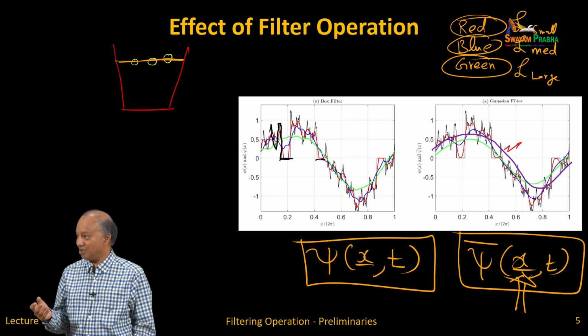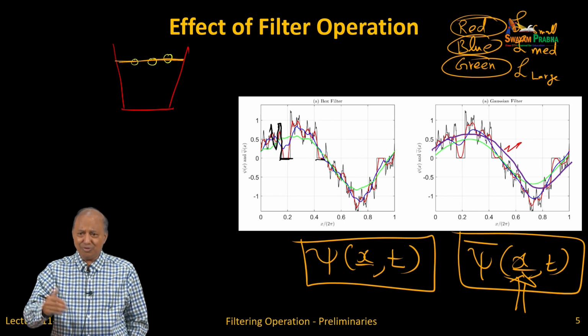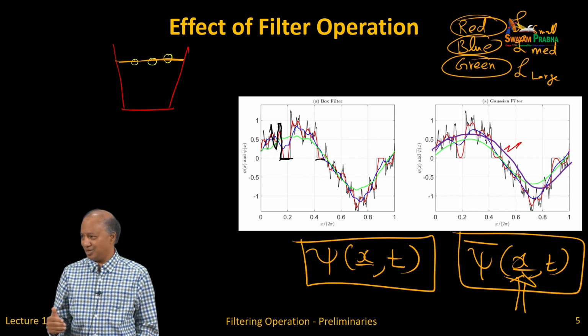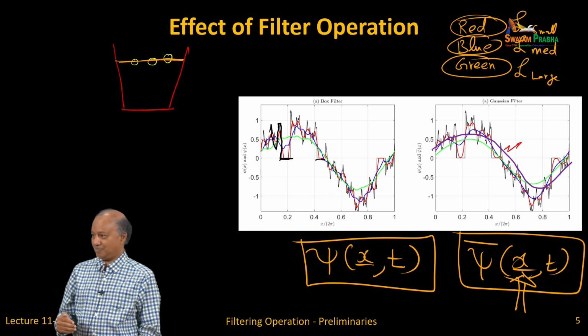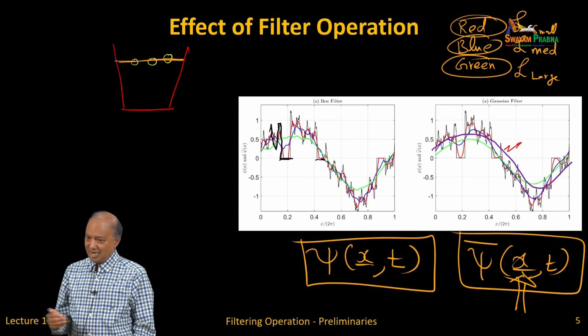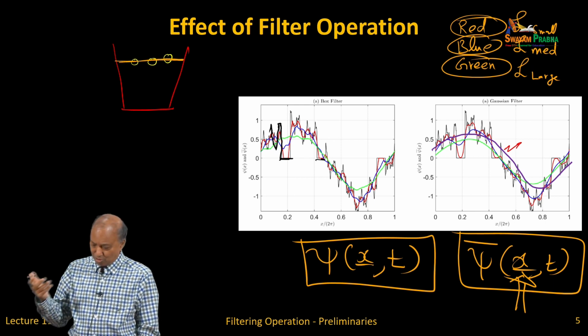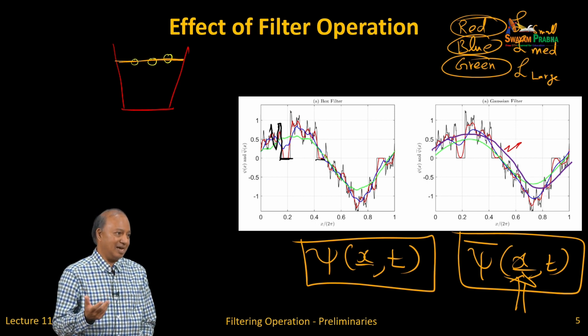In LES simulation, you can do different LES simulations depending upon the filter that you choose. But in RANS, it is ensemble average. So your grid must be sufficient to resolve the purple line.